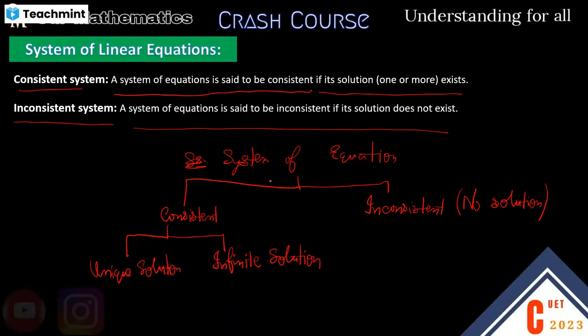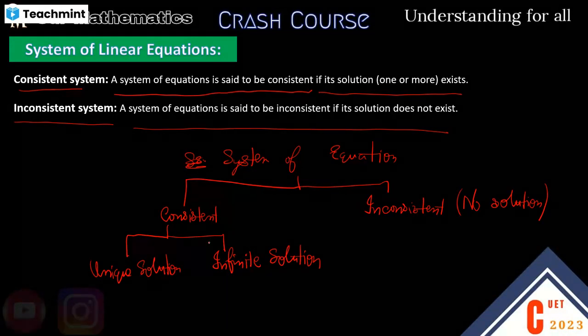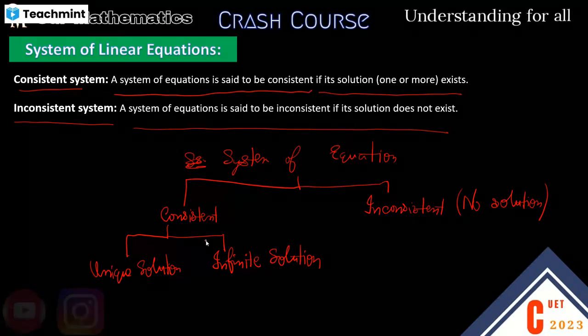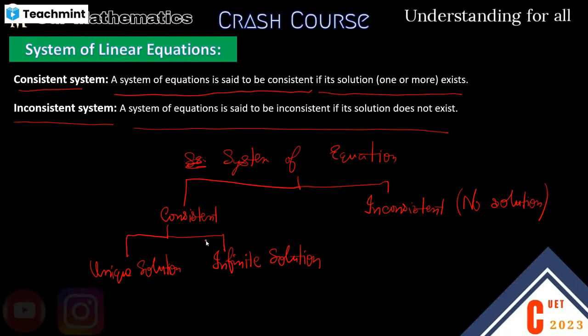If consistent, we will either get exactly one solution, a unique solution, or we will get infinitely many solutions. There are only three possibilities: either no solution, or unique solution, or infinitely many solutions. Okay, if there is no solution, then we say it is an inconsistent system. If a solution exists, then it is a consistent system, either unique or infinite.